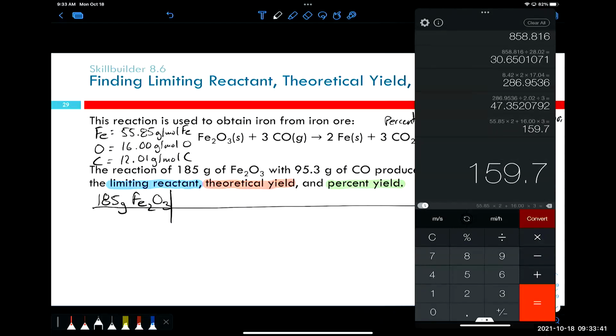So our total molecular mass will be 159.7 grams of iron oxide per 1 mole iron oxide.